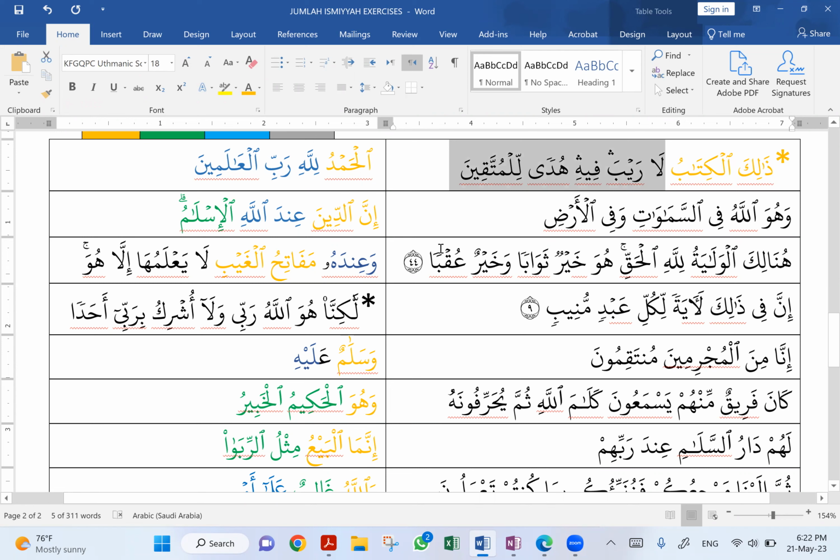La Reba Fi is Mubtada, because Reba is ism, and then hudal lil muttaqin is mutalik bil khabar for this Jumla Ismiyyah. Does this make sense? And then again we can break it again as lil muttaqin as mutalik bil khabar.